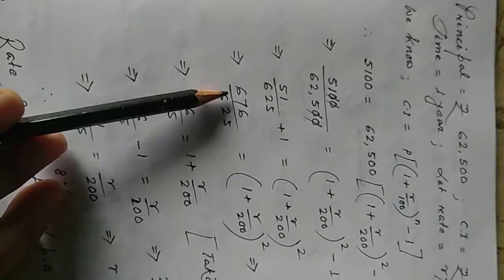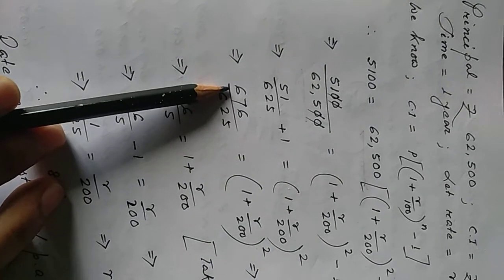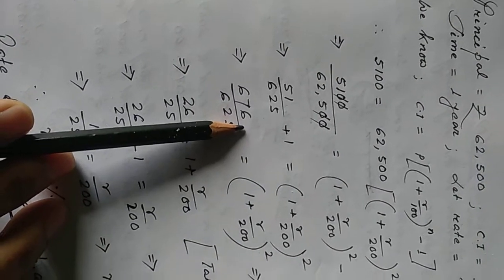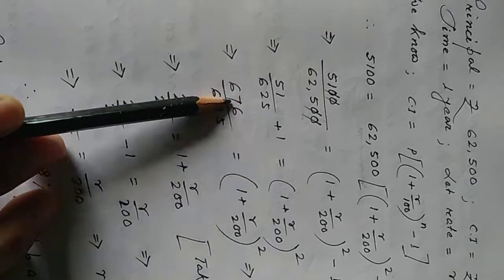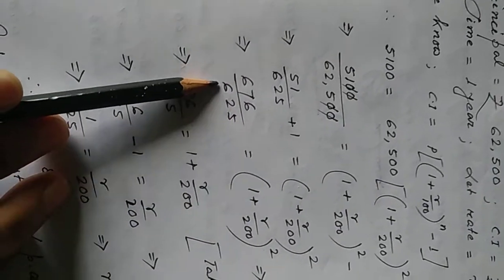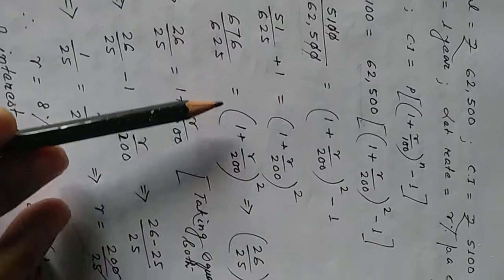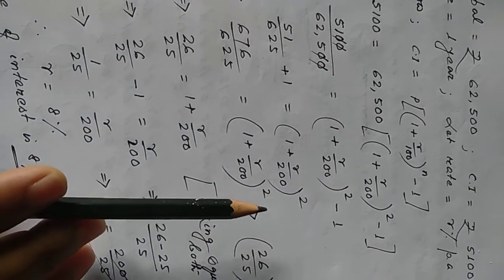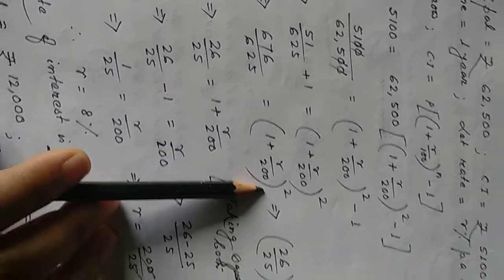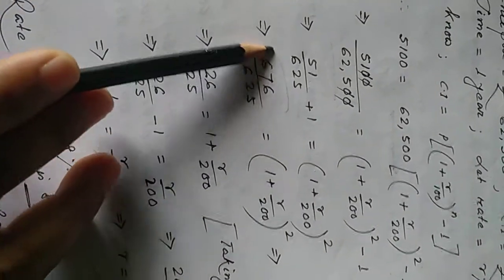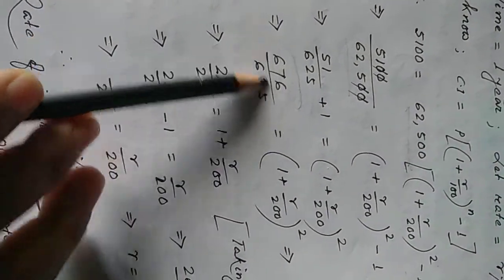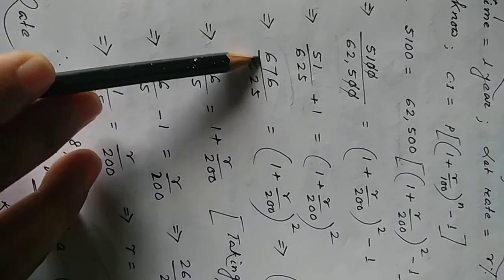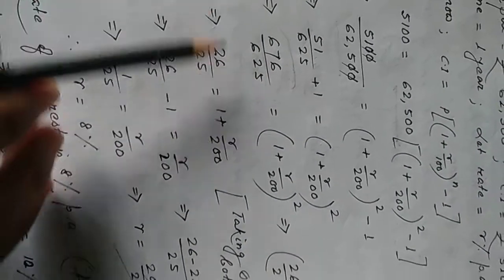Now adding it, this becomes 676 by 625 equal to 1 plus r by 200 whole square. And this one, you see, 676 is 26 square and 625 is 25 square.